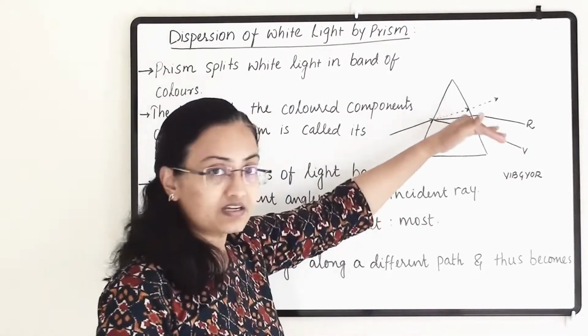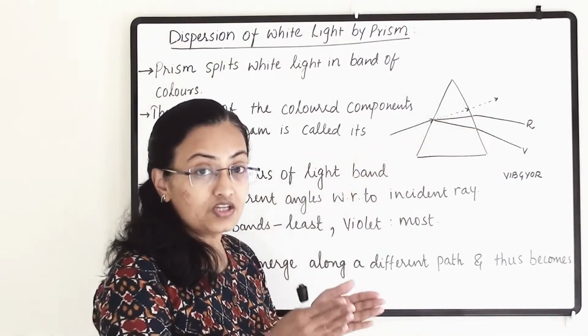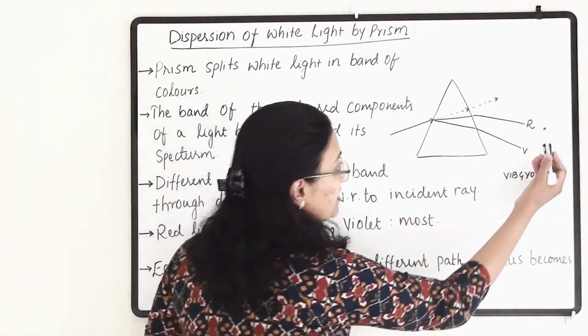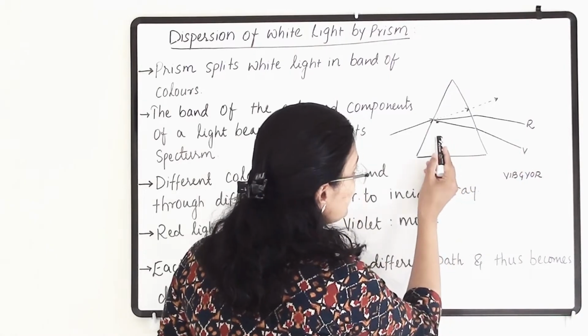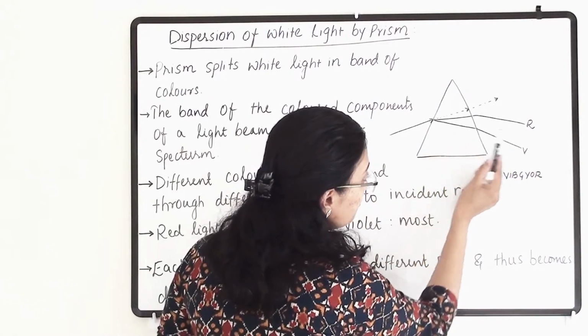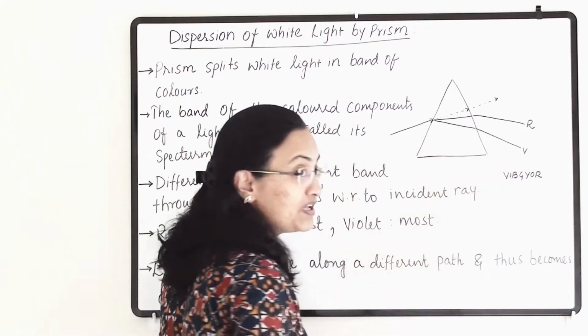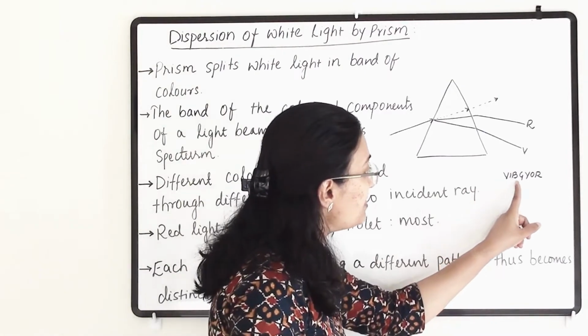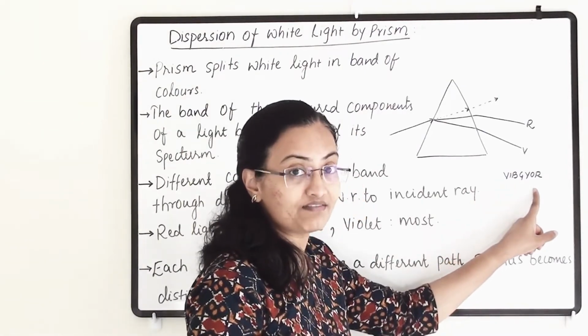Now there are 7 colors in this spectrum, and each color will bend separately. If we take only 2 colors, we can see that the red light path is distinct from the violet light. That means these 2 paths are different, and similarly there will be a separate path for all the 7 colors.